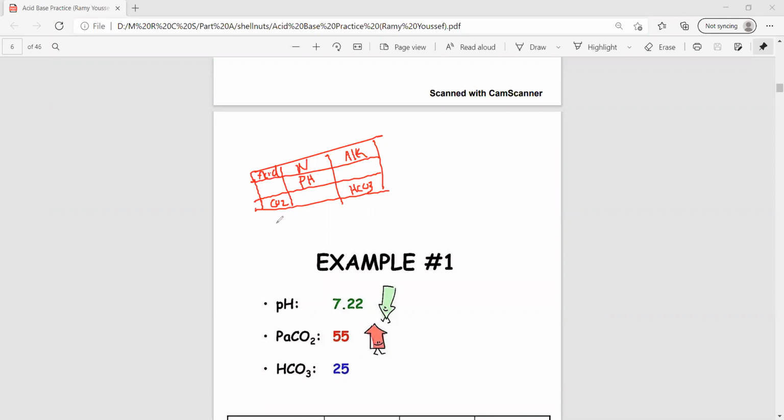What will this be? Both are abnormal and the pH is normal. So this is a compensated condition. How do I know the compensated condition? I'll go for the pH, and again I'll see if it is 7.36 or 7.44 or something like this. So I know which is the pathology and which is the compensation.